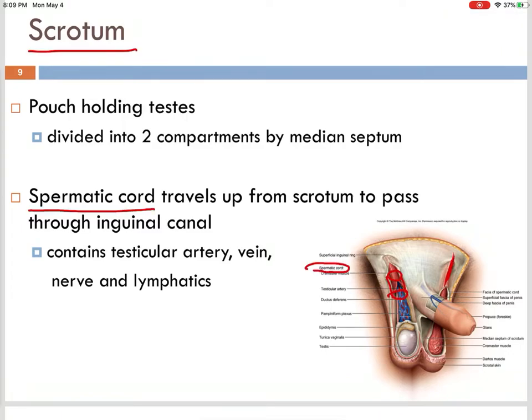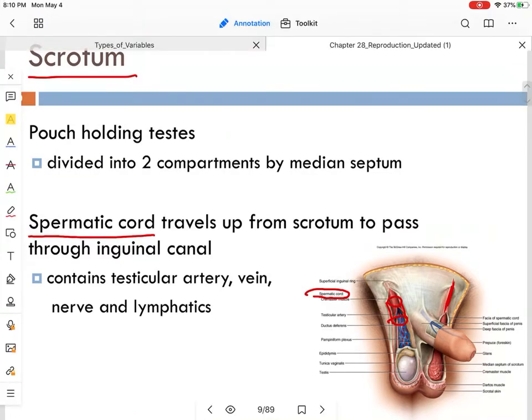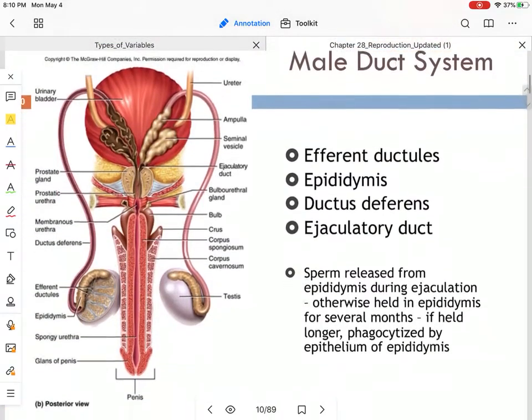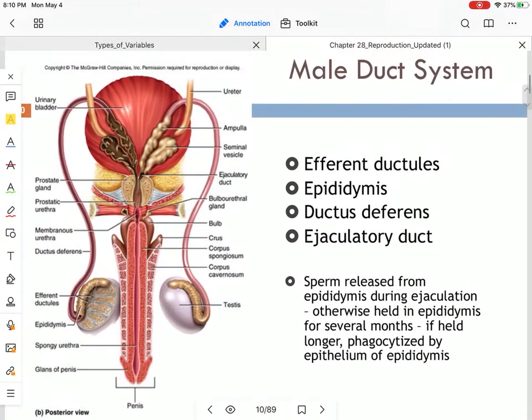But inside this tube, which is called the spermatic cord, is a big bundle: nerves, arteries, veins, lymphatics. Very important. Because the testes are situated outside of the body, we've got to make sure that we have a protected tube for all the nerves, arteries, veins, lymphatics that are necessary for the testes to be able to do what they do, which is produce sperm.